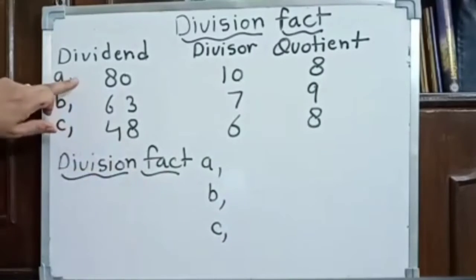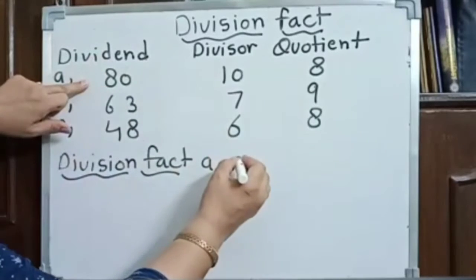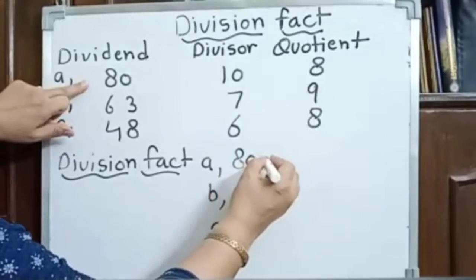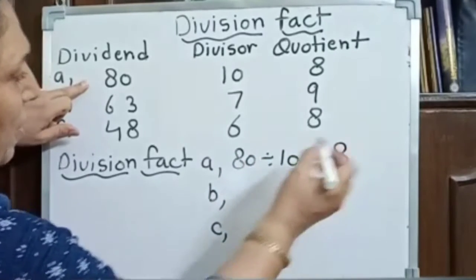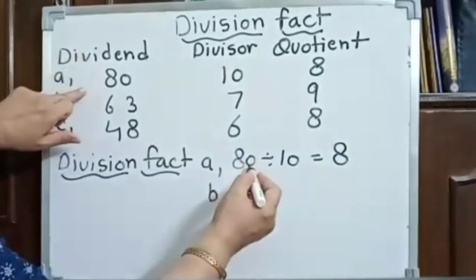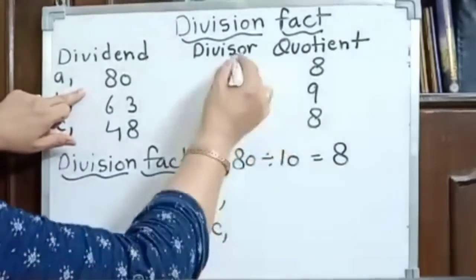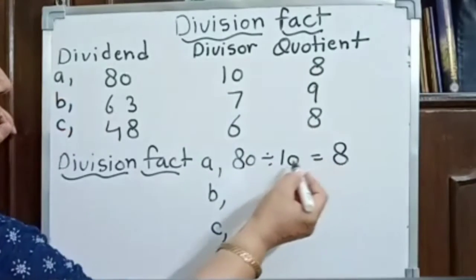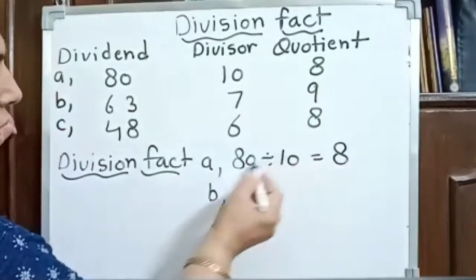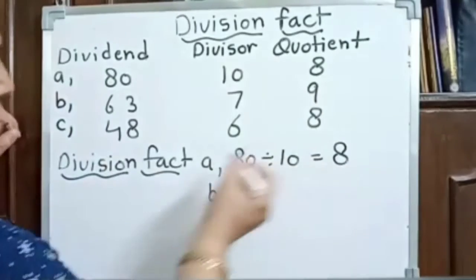Division fact means, for A, dividend is 80 divided by 10 is equal to 8. Here 80 is dividend, 10 is divisor, and quotient means answer. 10 eights are 80. So this is quotient.